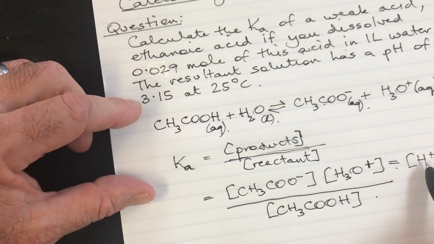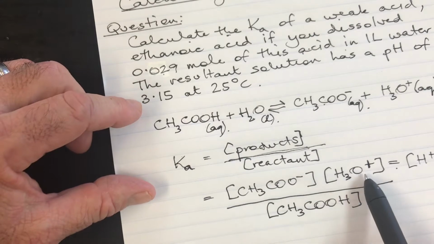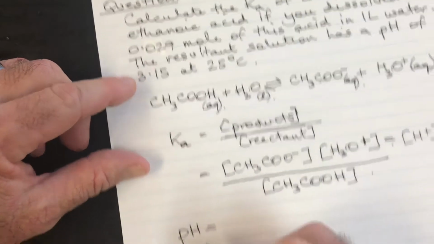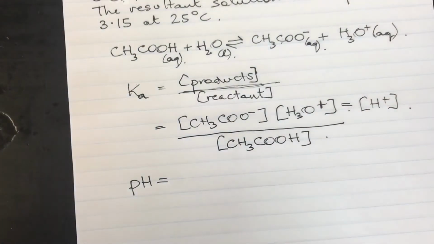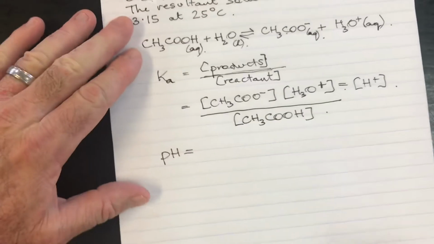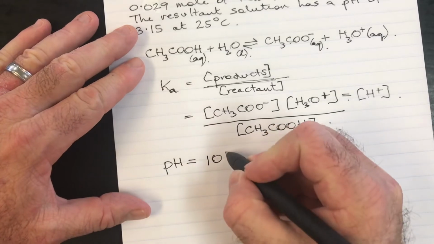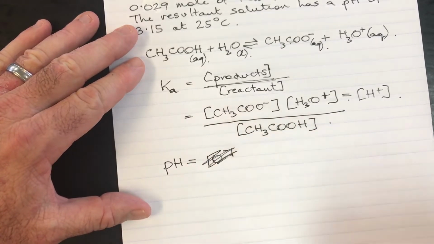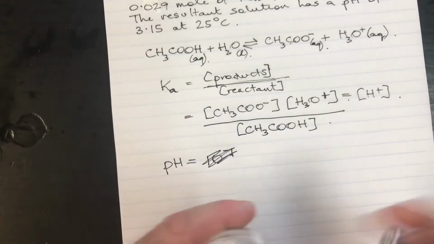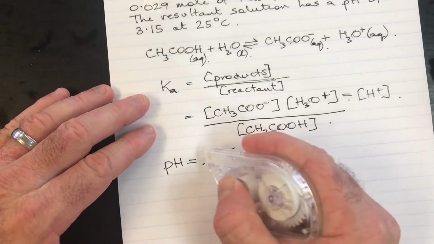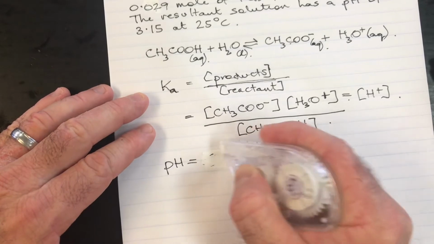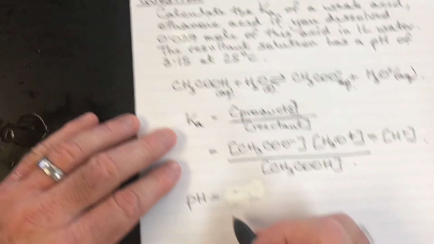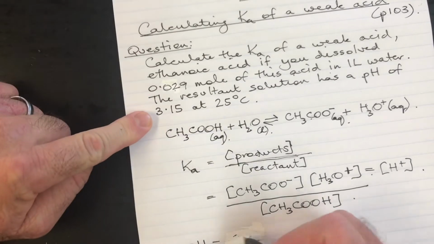To find out the hydronium ion concentration, we've got the pH. We already know the pH, it's 3.15.